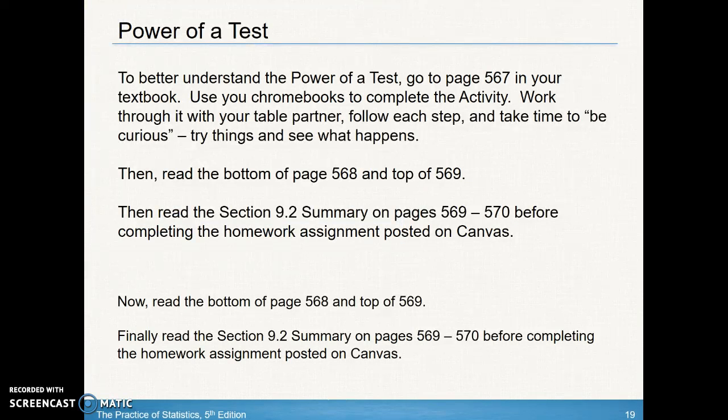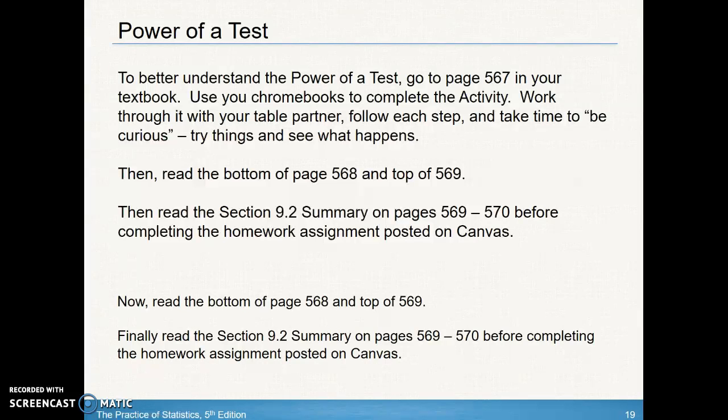So there is this activity on page 567 where you would use an applet, and I'm going to suggest that you please do that. So take out your Chromebooks, turn to page 567 in your books, and just follow the steps. If you're using your electronic book and you don't have the paperback book, then just team up with somebody, and one of you use your Chromebook to look at the ebook, and the other one use your Chromebook to do the applet.